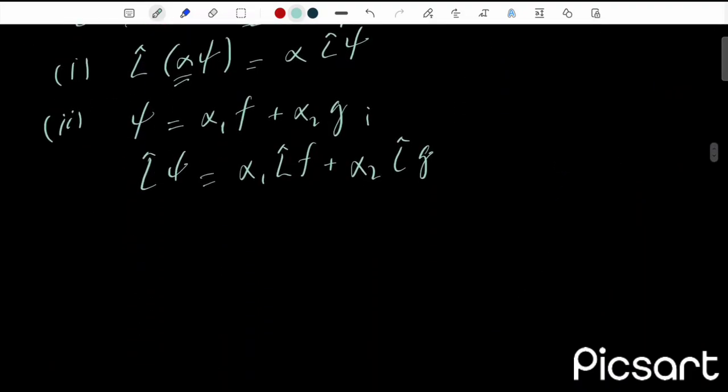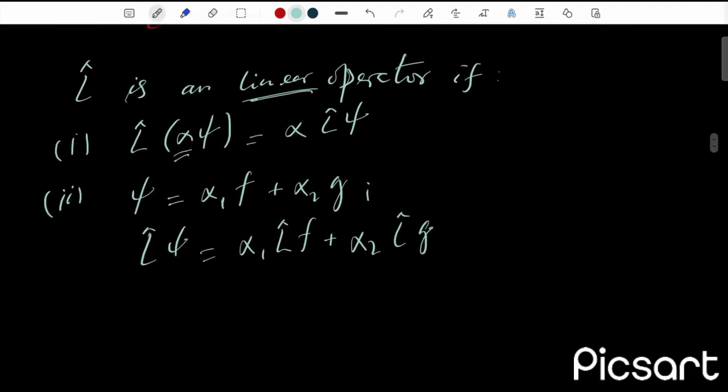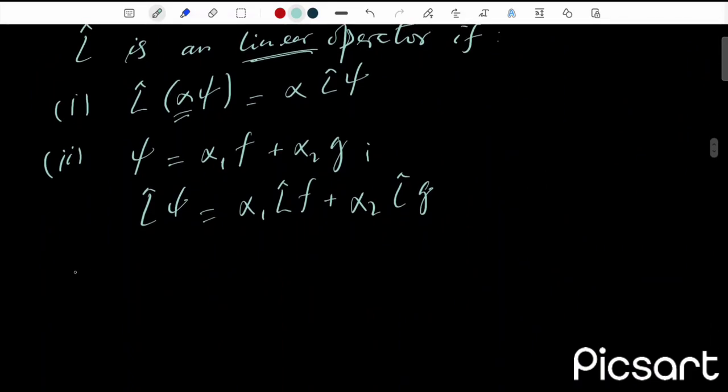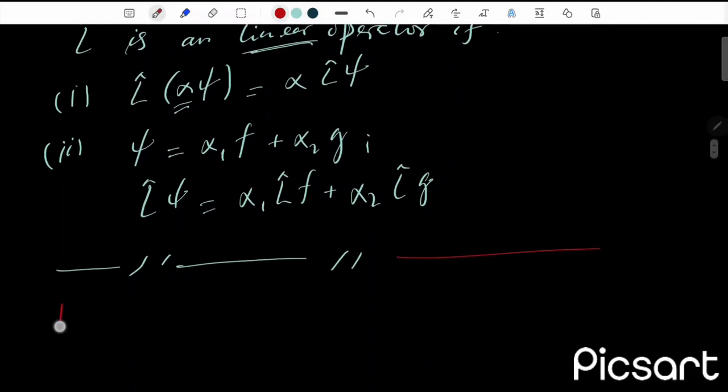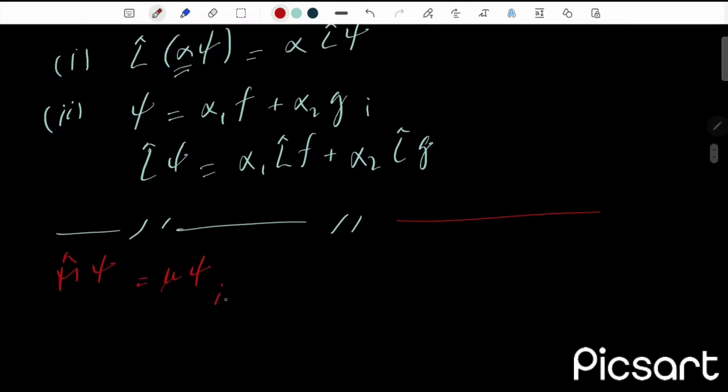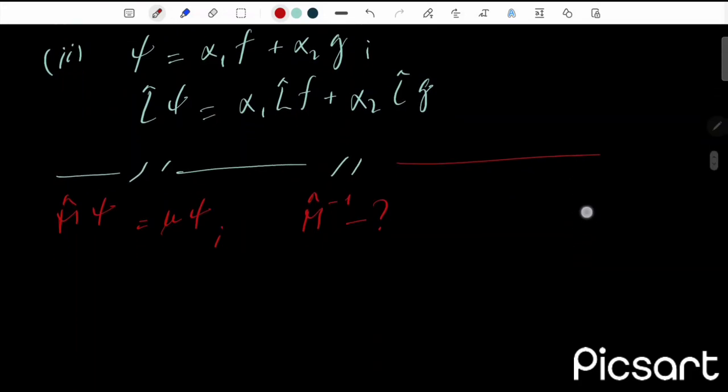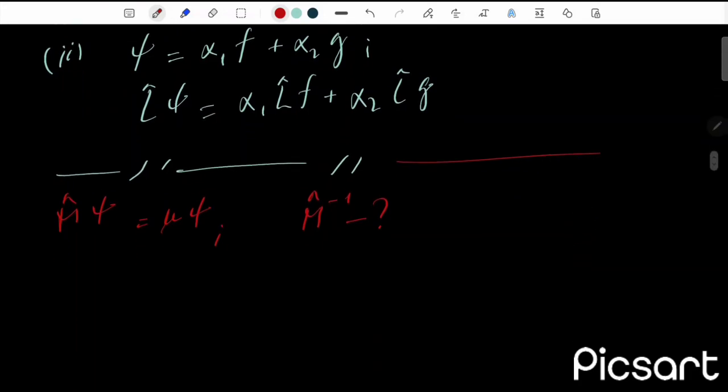It's very important also that we can use this definition of linearity to show something about the inverse of an operator and its eigenvalues. Suppose that we have M acting on function psi, so that we get mu times psi. The question is, what is the eigenvalue of the inverse of the operator M?